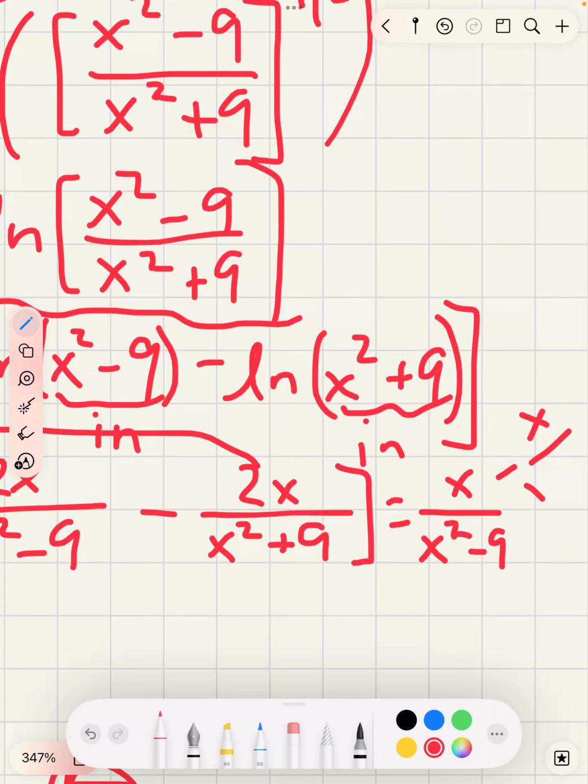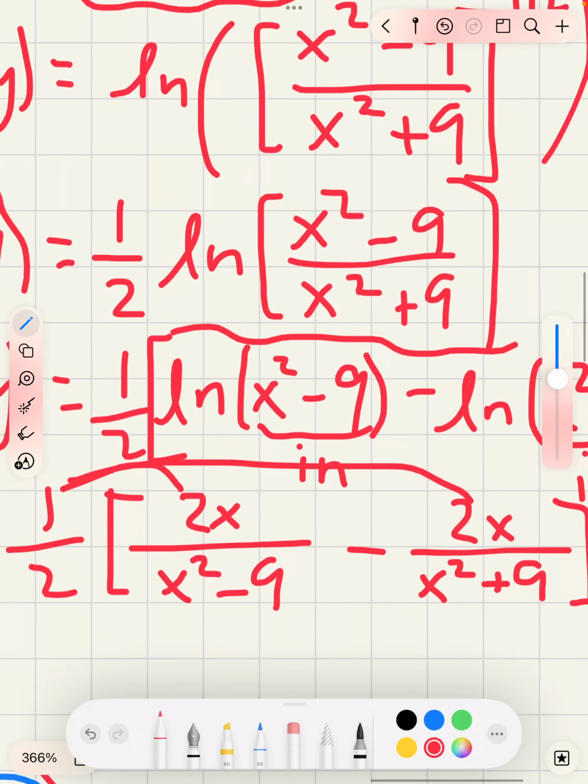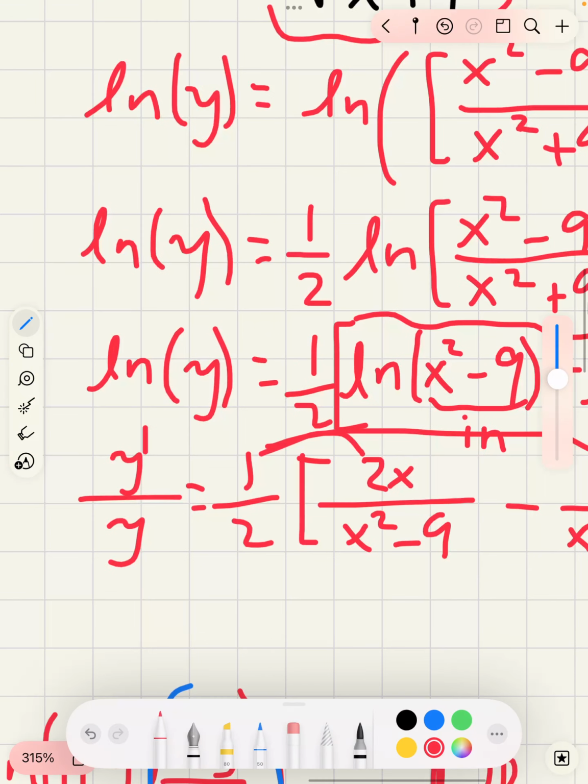And at that point, all I have to do is multiply both sides by y, and I get y prime equal to, and rather than putting y there, I'm actually going to go back and replace it with this original.